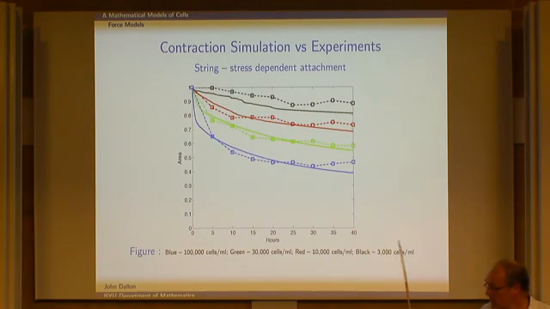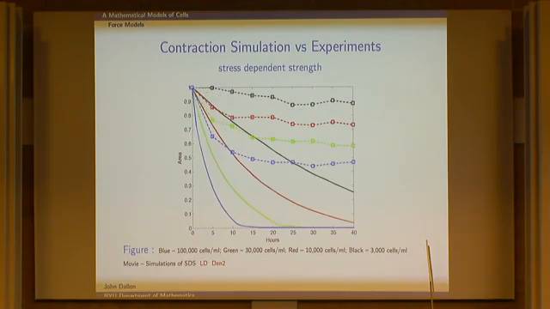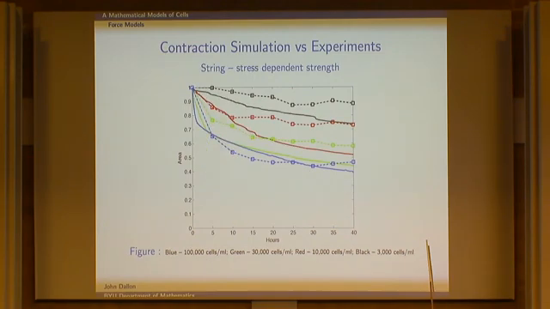As the strings get pulled in by cells, if the cells become fixed, the strings are less connected to other strings, so there's less contraction because it's a less connected network. But if you just look at the stress-dependent strength, if you change the strength and the size of the springs in the cells, you also get a lot more contraction than you should, so you need both. Again, the string simulation is not as dependent on that as the lattice one.